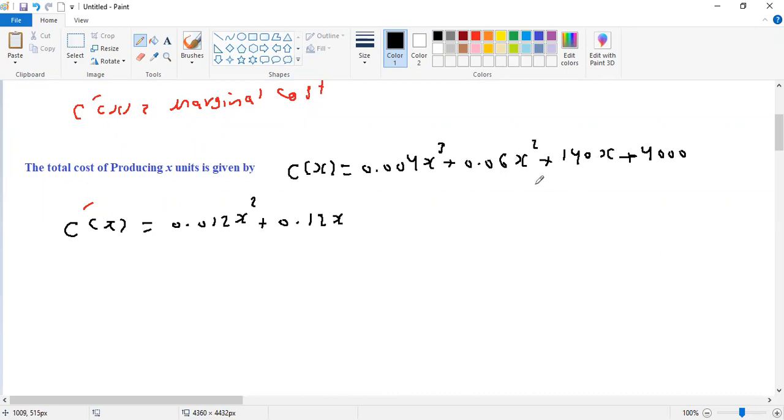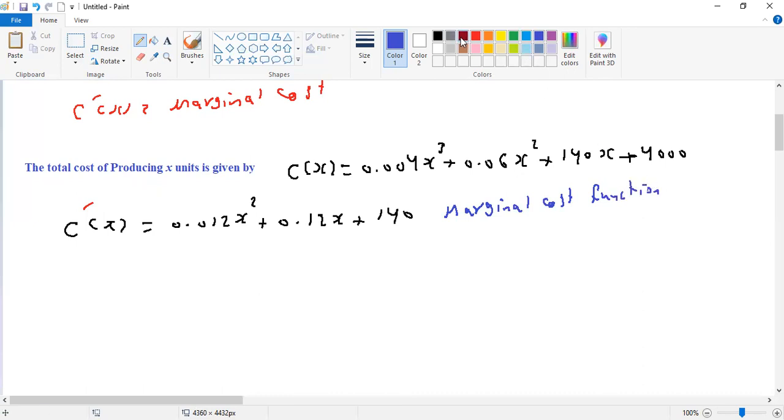The derivative of 140x is 140. The derivative of 4,000 is 0. Now this one represents the marginal cost function.